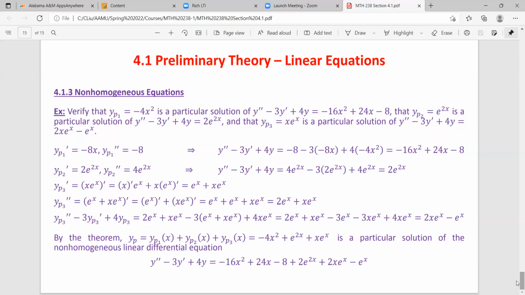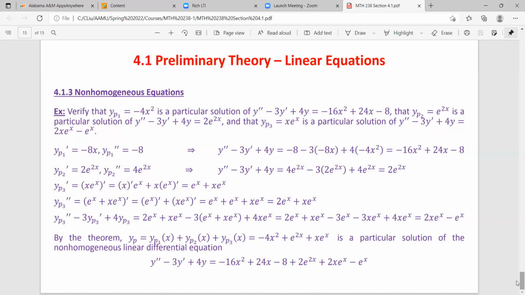So we verify that yp1 equals -4x squared is a particular solution of the differential equation y double prime minus 3y prime plus 4y equals -16x squared plus 24x minus 8. So that's one differential equation and one particular solution.